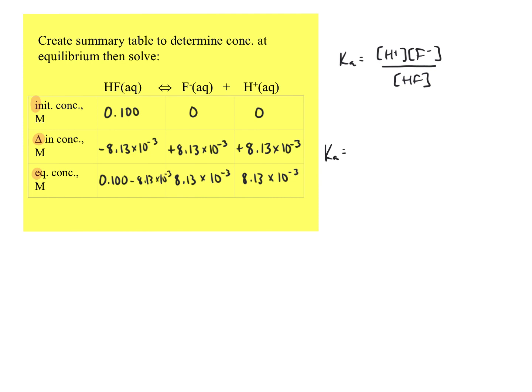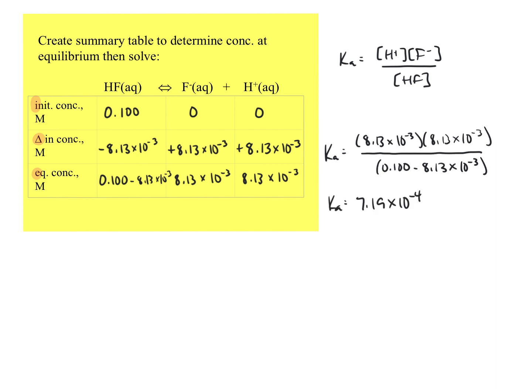So Ka equals 8.13 times 10 to the negative 3, F negative is also the same thing, and then the HF is 0.1 minus 8.13 times 10 to the negative 3. Go ahead and pause the video and put this in your calculator to see what number you come up with. And I got 7.19 times 10 to the negative 4.